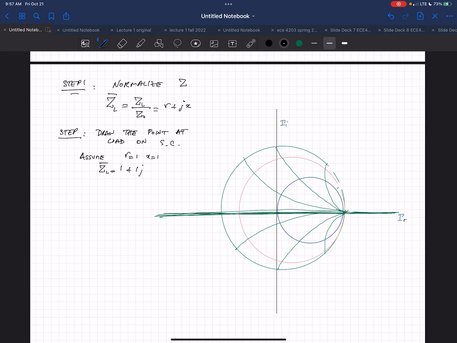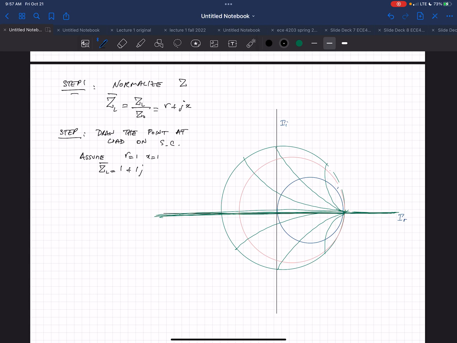So Daniel, I'm going to pick on you. Imagine if I told you the characteristic impedance of this line is 50 ohms, right? What would the actual value of the load be? You have to multiply 1 by 50, so it's 50 plus 50J.